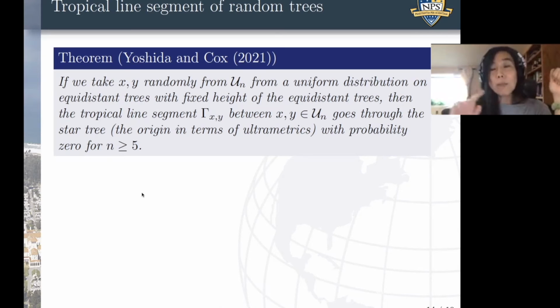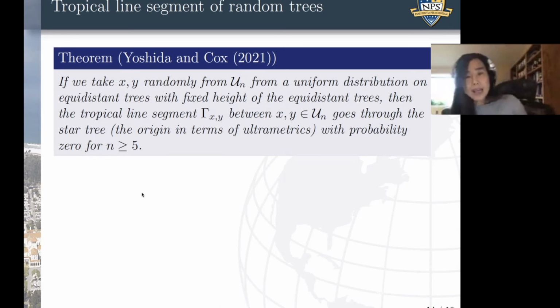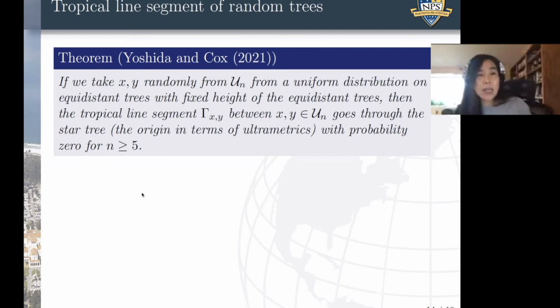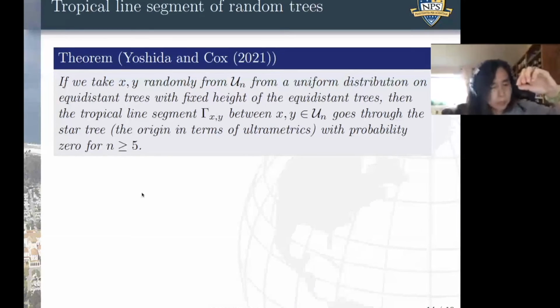This is important because there is another intrinsic metric, called the Billera-Holmes-Vogtmann metric. That metric is great because it comes naturally from the tree topologies and tree structures. For the BHB geodesic, you know exactly how the tree topology changes.